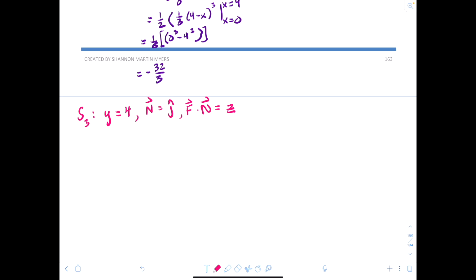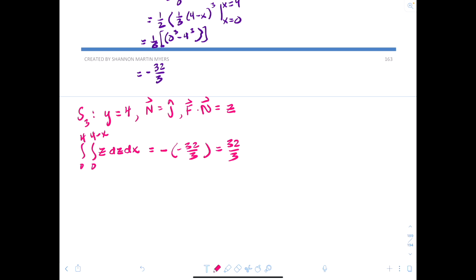We'll have the integral again from 0 to 4, 0 to 4 minus x. We're going to do dz dx again. So this will be z dz dx. We just did this one. It's going to end up being the opposite of what we just got, right? So it'll be the opposite of negative 32/3, which is positive 32/3. That was easy.